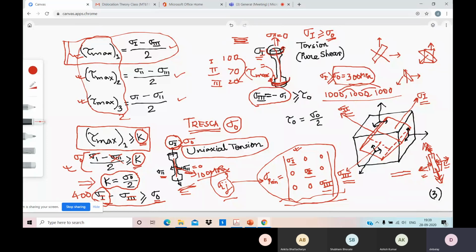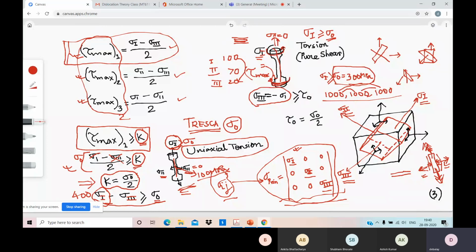So there is a need for difference in principal stresses for plastic deformation, for permanent change, to occur. Otherwise, if there is hydrostatic compression, a very small amount of elastic shrinkage will occur, so our volume will reduce.